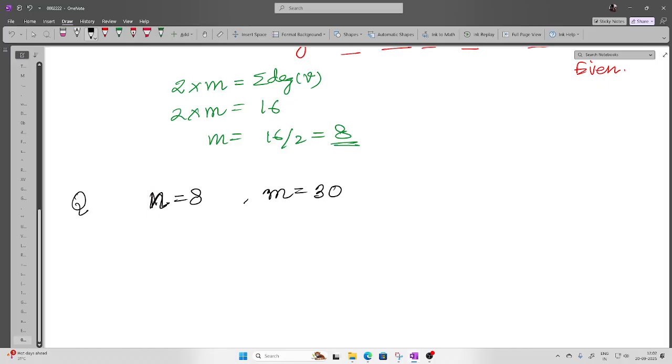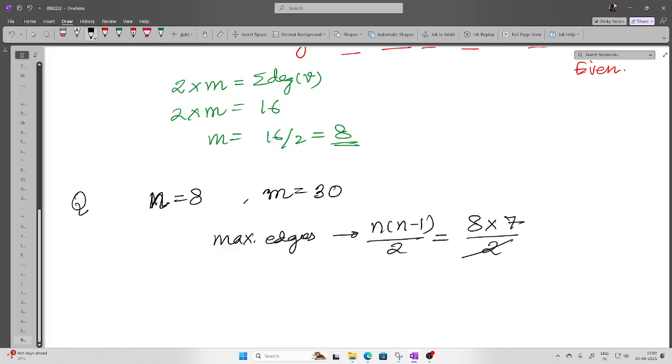So now in any simple graph, we know the maximum number of edges can be n(n minus 1)/2. So n is 8, n minus 1 is 7, so 8 into 7 divided by 2, and this is 28.